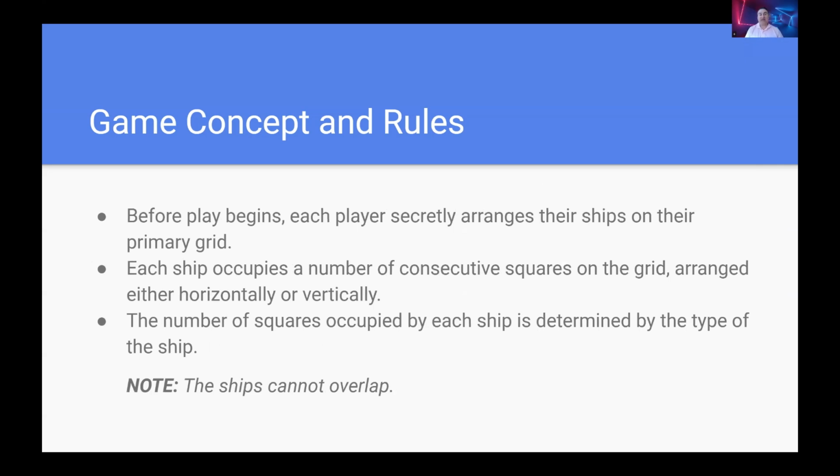Before the play begins, each player secretly arranges their ships on the primary grid. Each ship occupies a number of consecutive squares on the grid, arranged either horizontally or vertically. The number of squares occupied by each ship is determined by the type of the ship, and the ships, of course, cannot overlap.